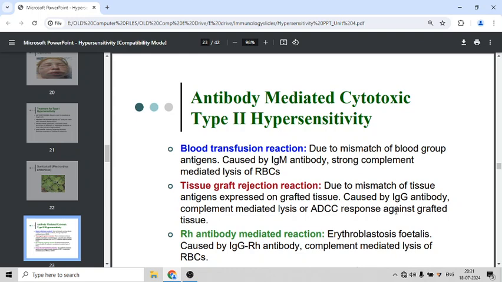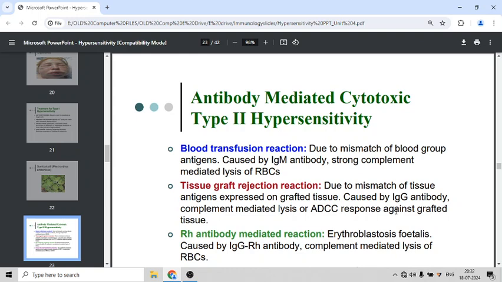At the same time, as I mentioned earlier, there are immune cells which have Fc gamma receptor on their surface, like neutrophils, macrophages, eosinophils, and the NK cells. All these cells which are provided with Fc gamma receptor, that is for the IgG, can come and bind to the IgG through the Fc receptor when the IgG is bound to the antigens of the graft.